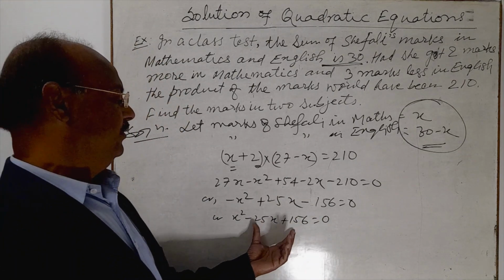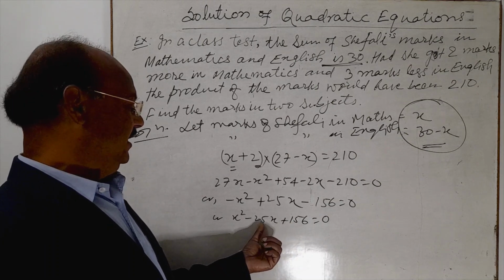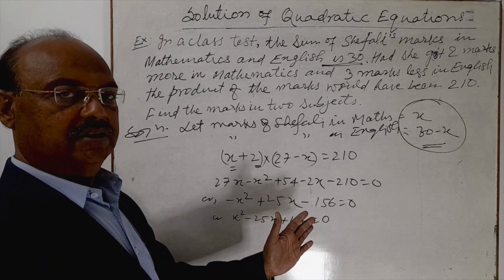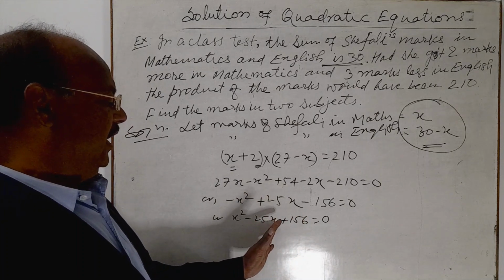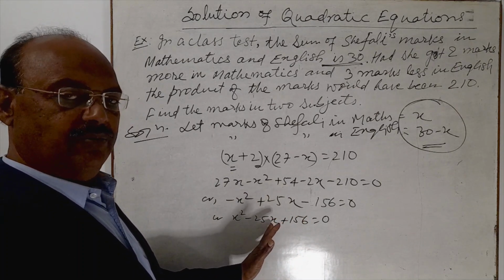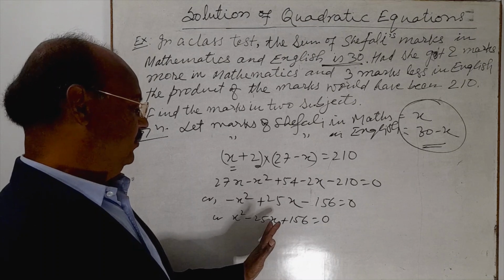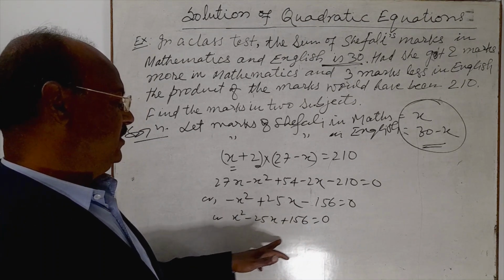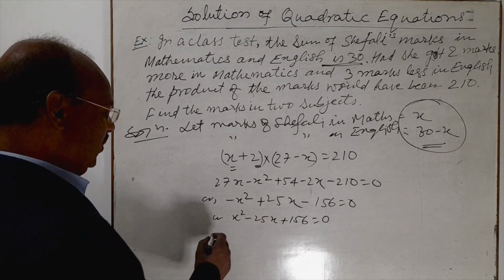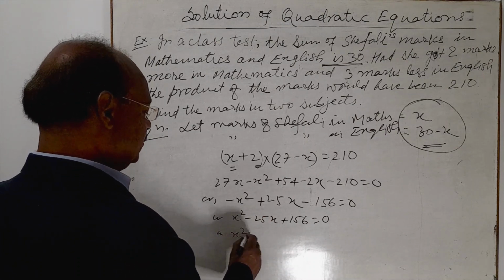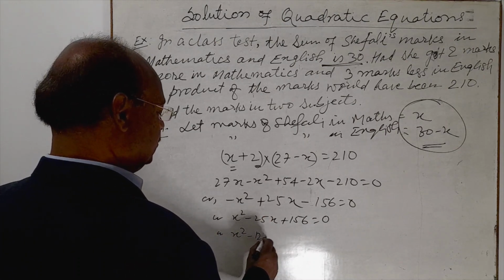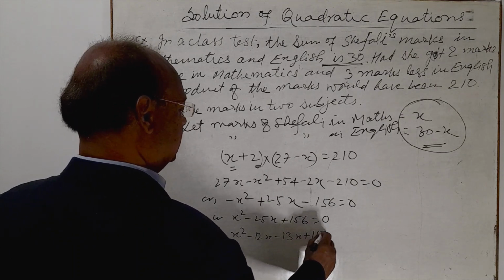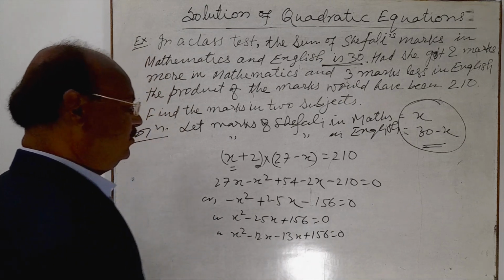Now we will try to factorize here. So we will split this minus 25x into 2 parts such that the sum remains the same, minus 25x, and the product should be the product of the first and last terms, means 156x square. So you can write this as x square minus 12x minus 13x plus 156 is equal to 0.